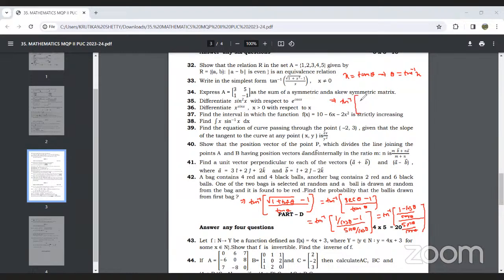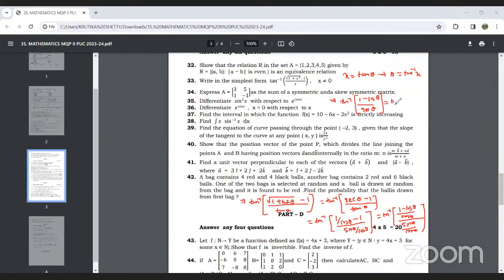Then we get tan inverse of 1 minus cos theta upon sin theta. Again we need to simplify it further, so we make use of the formula for 1 minus cos theta. We know 1 minus cos theta is 2 sin square theta by 2.